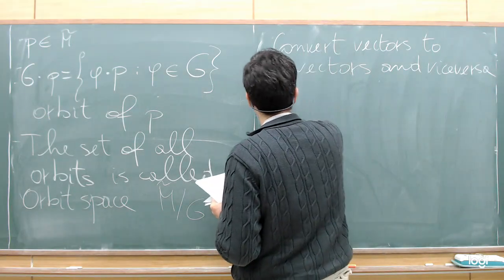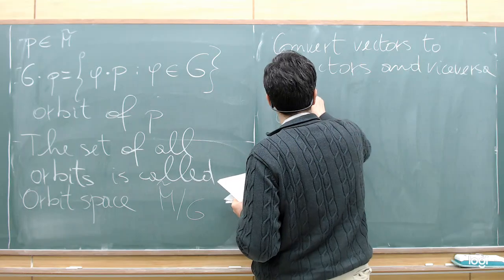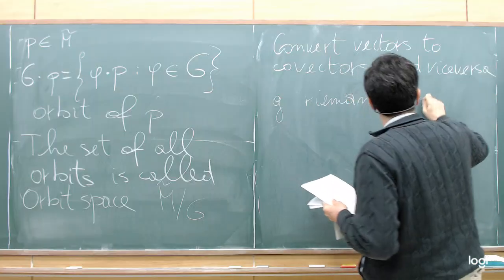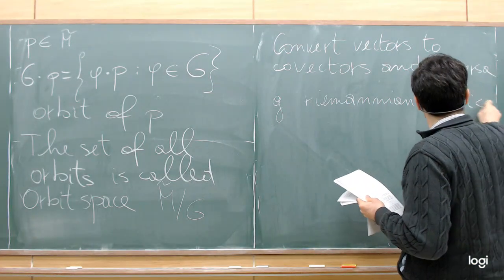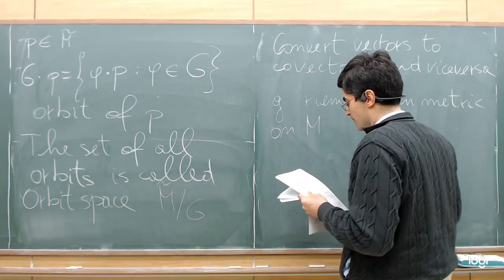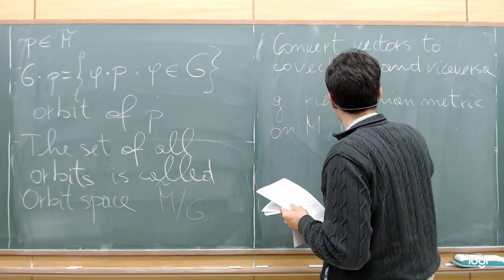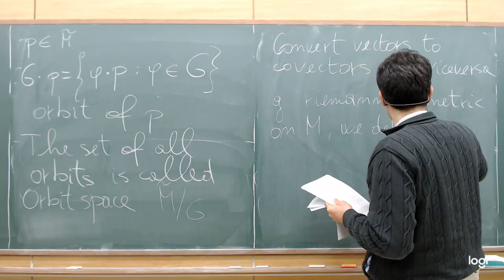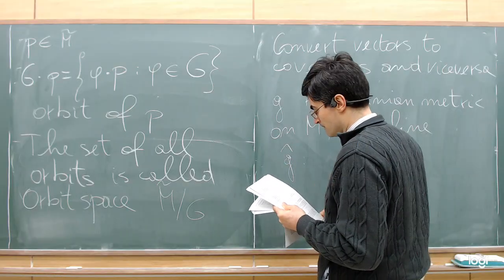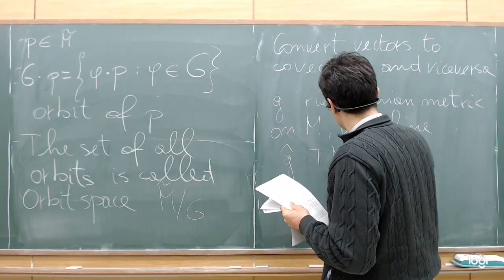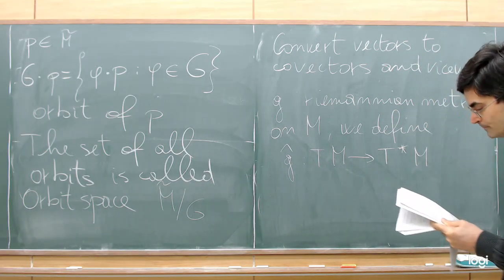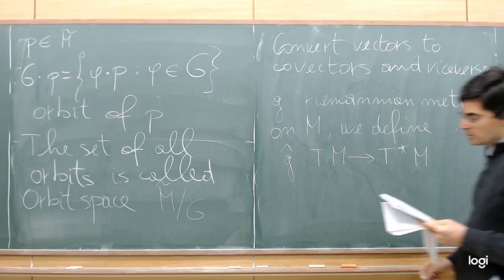So suppose that G is a Riemannian metric on M. Then we can define a map G hat from TM to T star M as follows.